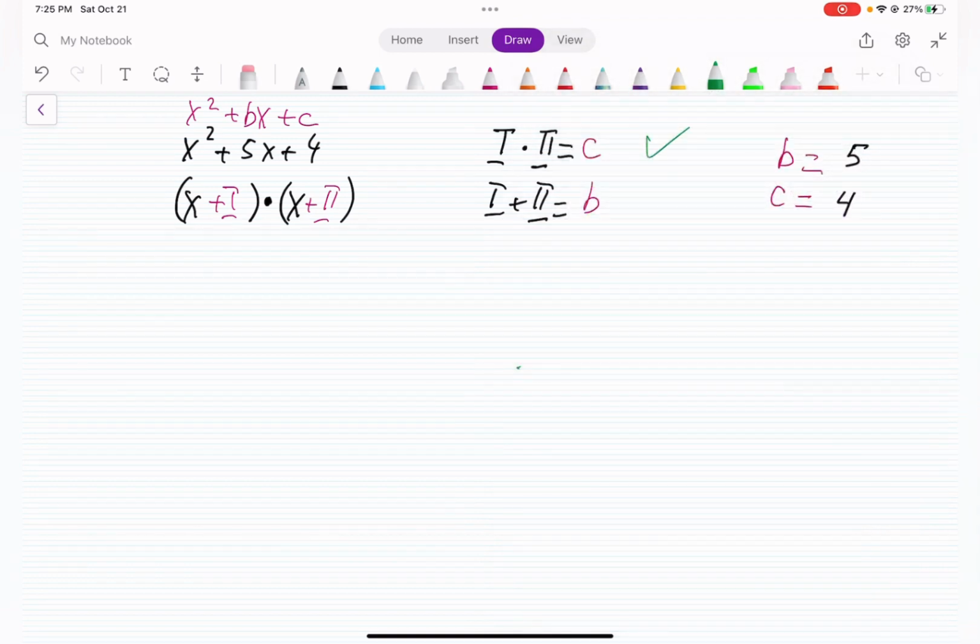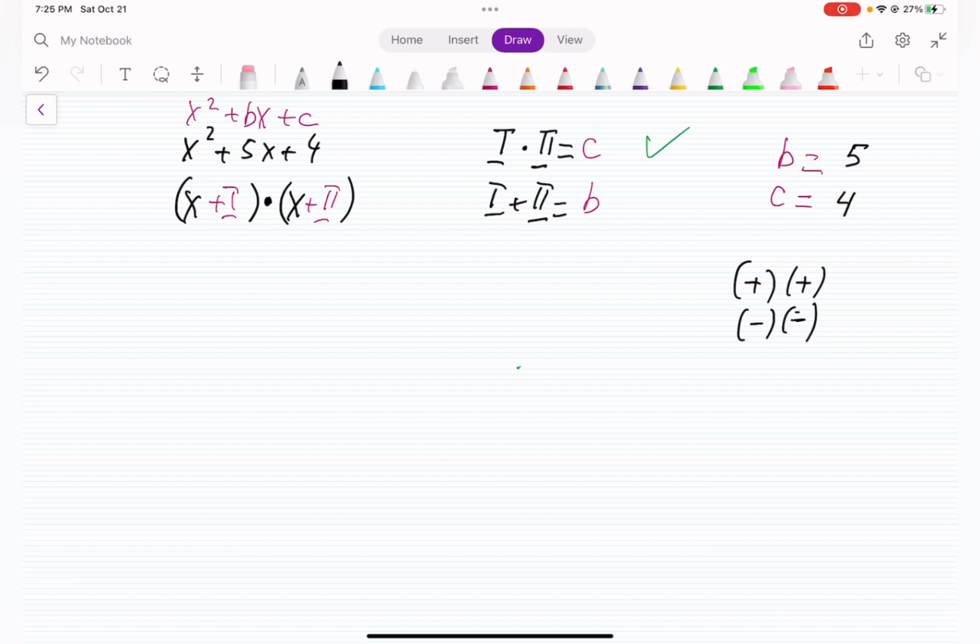This is the first one. So let's see, we have 4. What combination of numbers, when multiplied, will give me 4? First of all, we get product 4 when both numbers are positive or both numbers are negative, correct? Plus and plus, or minus and minus.